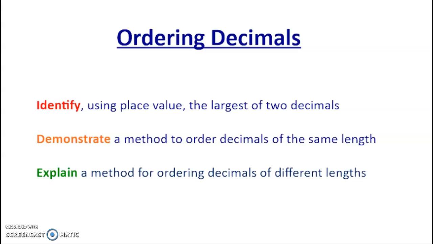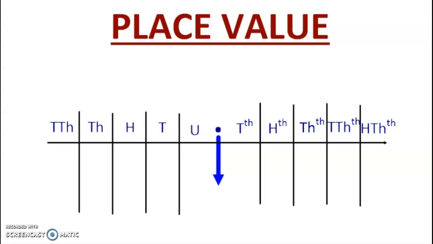So let's start with the first one, which is identifying using place value the largest of two decimals. Let's remind ourselves of our place value chart. Our decimal point is the centre of the place value chart, and then we have units, tens, hundreds, thousands and 10,000ths to the left, and tenths, hundredths, thousandths, 10,000ths, 100,000ths to the right.